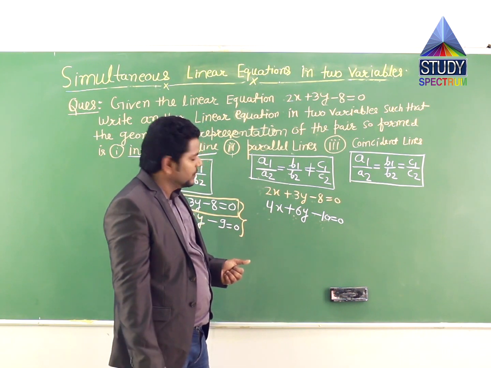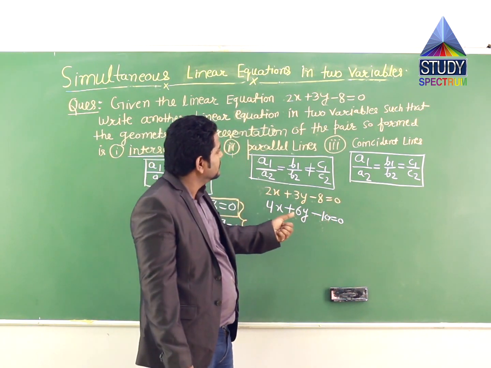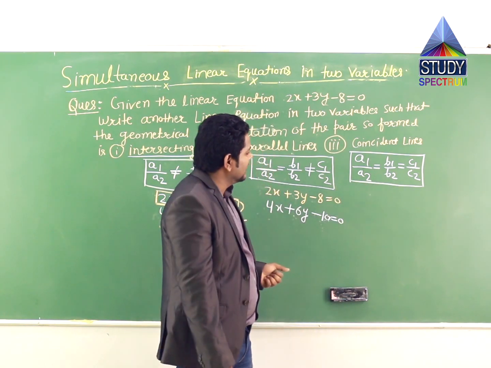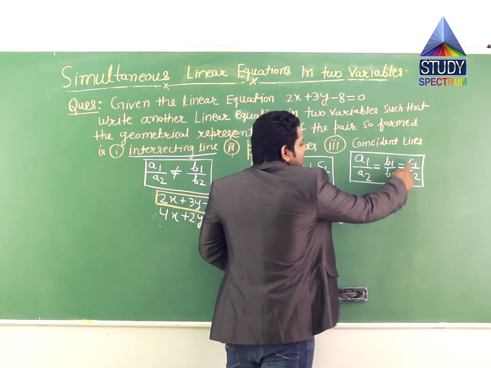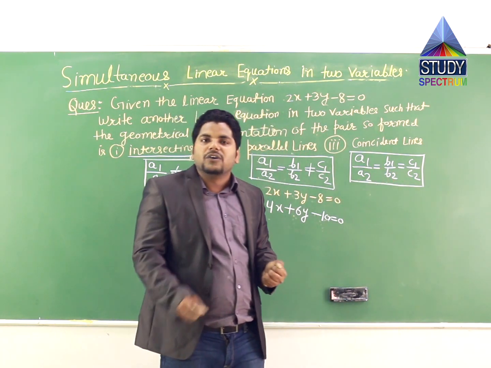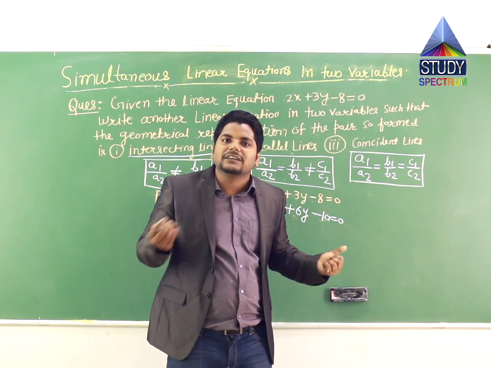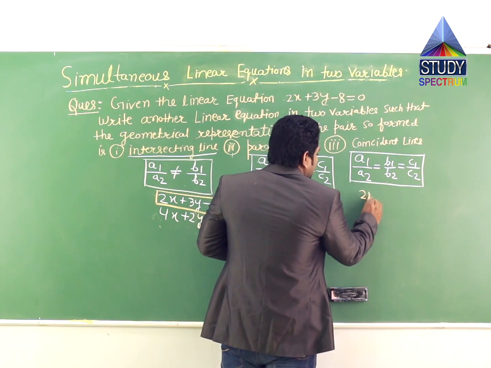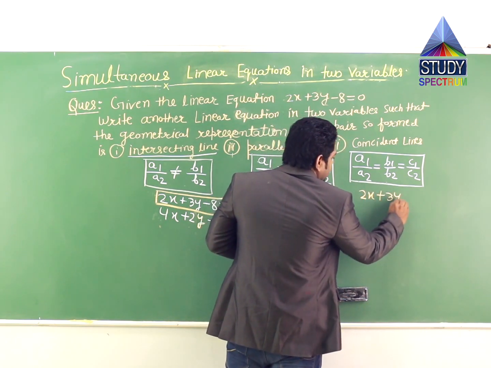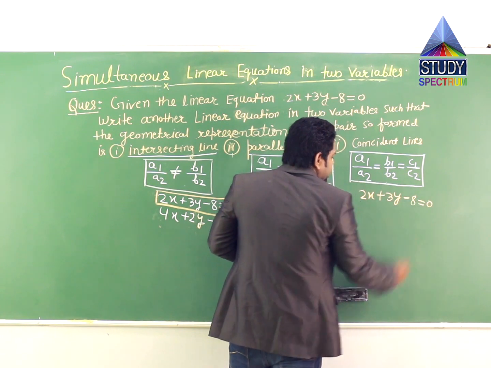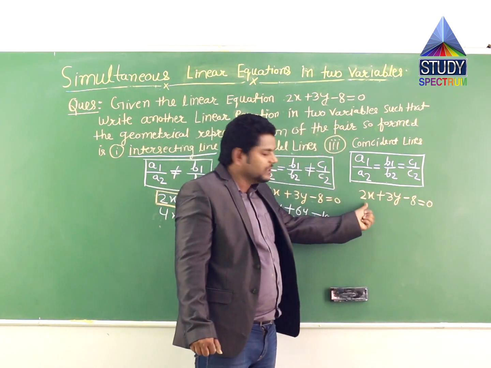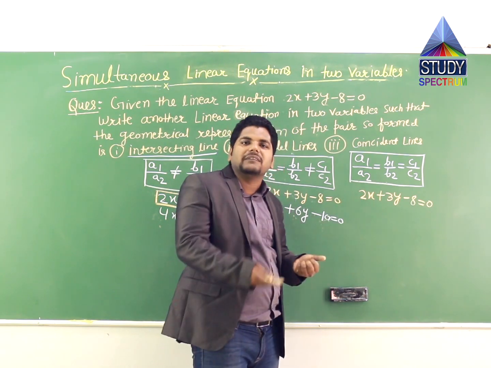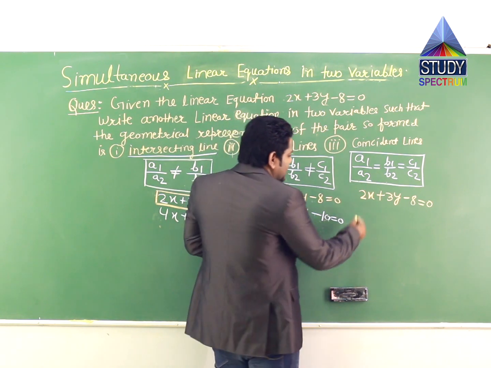Now come to the coincident lines. In coincident lines, a1 by a2, b1 by b2 and c1 by c2, each ratio of coefficients, is equal. Suppose the original equation you have been given is 2x plus 3y minus 8 equal to 0. Again suppose 4x; you can take 6, 8, any value, but we have just taken 4x as a simple value.